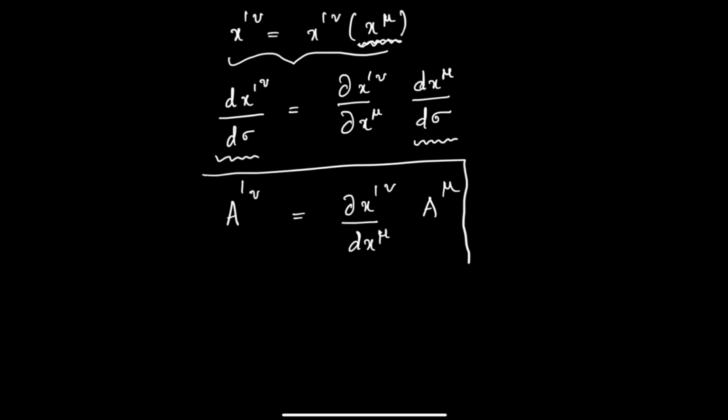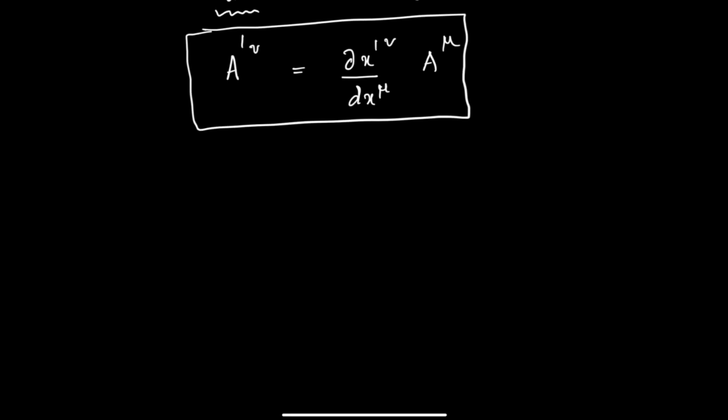So this is how the tangent transforms when the coordinate system is transformed. Okay, so this is the way a tangent transforms when a coordinate transformation is done.